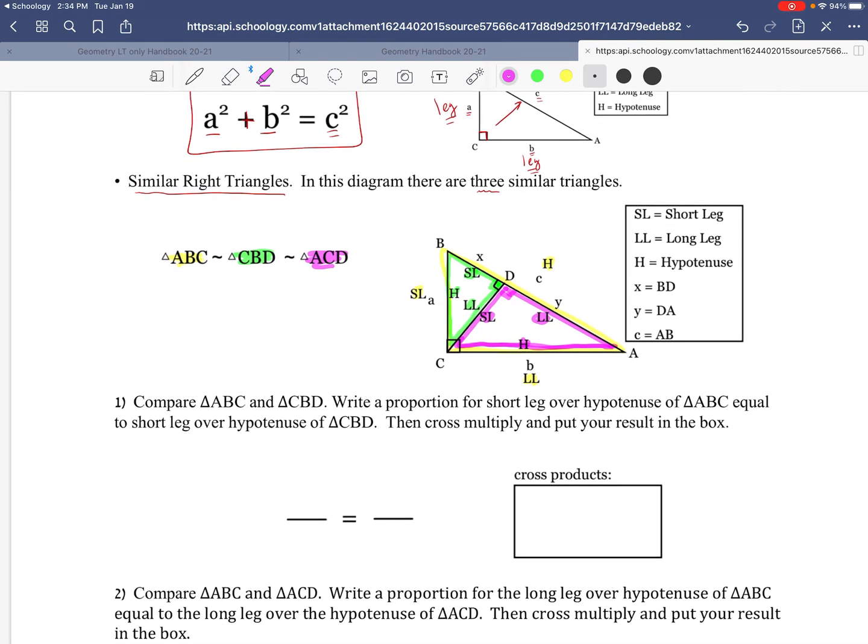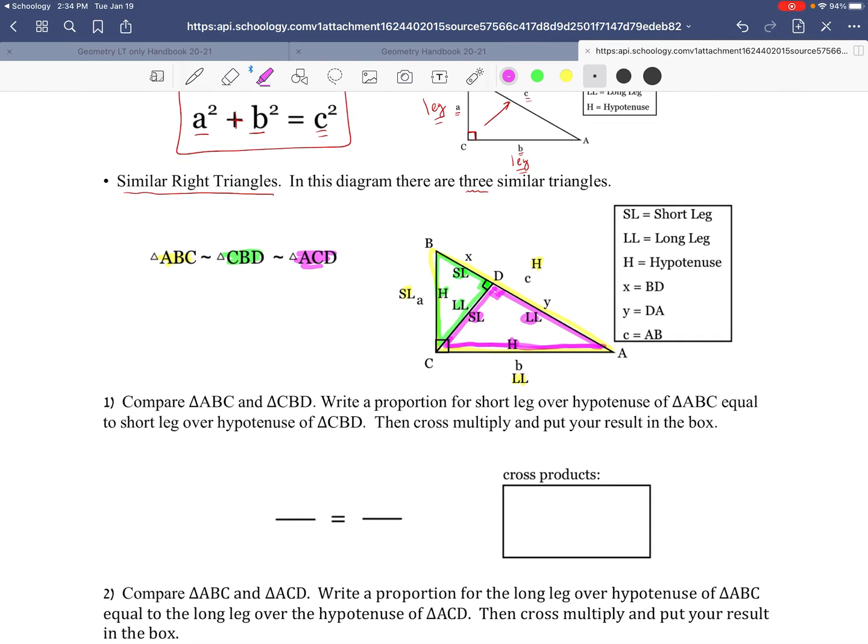What we are going to do here is compare triangle ABC to triangle CBD, writing a proportion for the short leg. Let's put short leg over the hypotenuse. For each triangle, we're going to do that. For ABC, the yellow triangle, the short leg is side a.